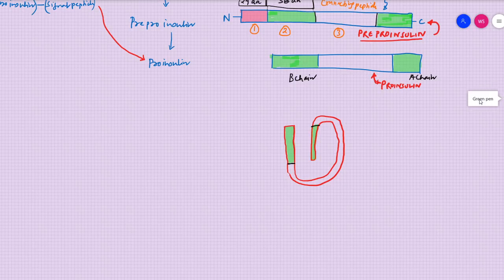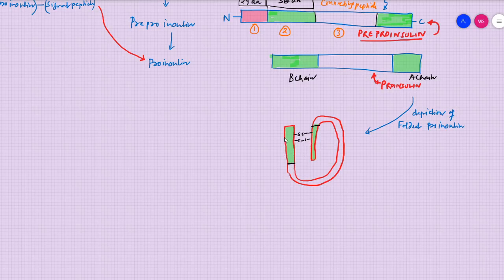Okay, so this is a folded diagram, a depiction of folded proinsulin. So now if we fill in the details, we can find that there is a disulfide bond between these two. Okay.